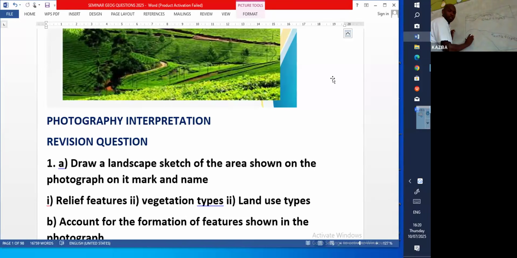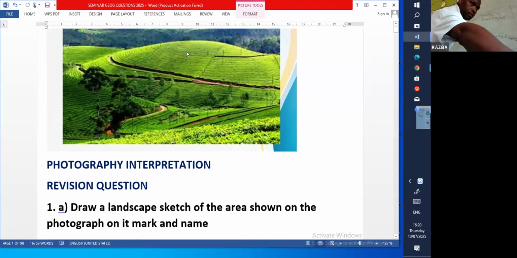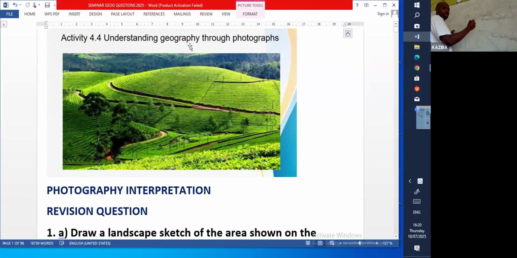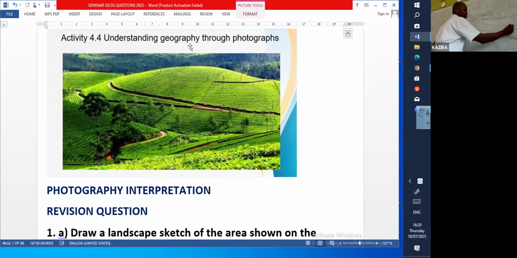You look for land use types. If you look critically on that photograph, you have something like that. And of course, that is the road transport. Then from there, we have some trees around here. You mark them as trees.